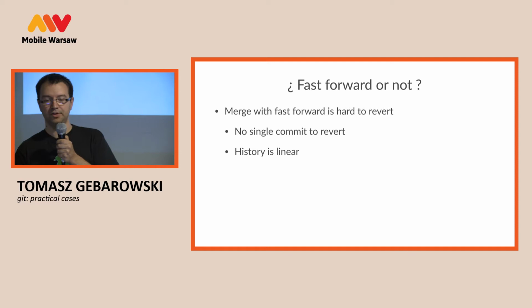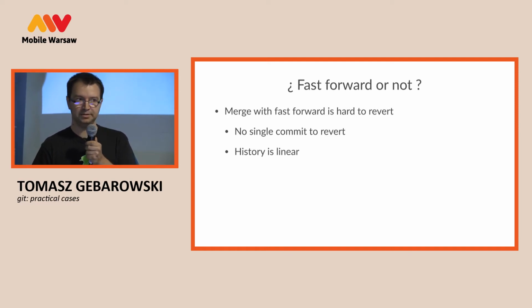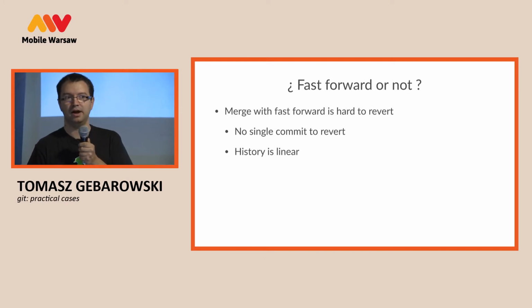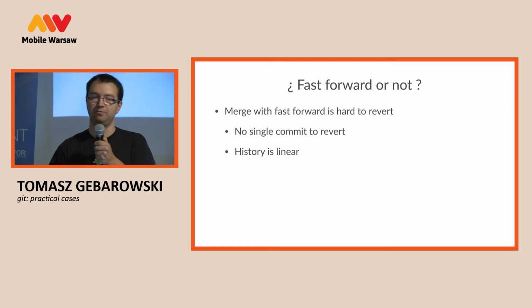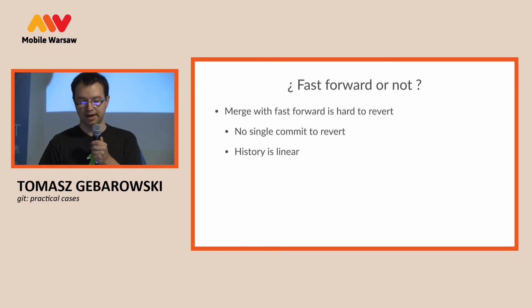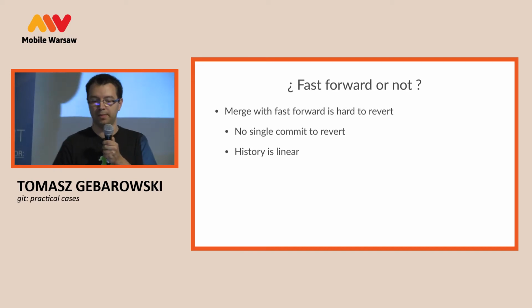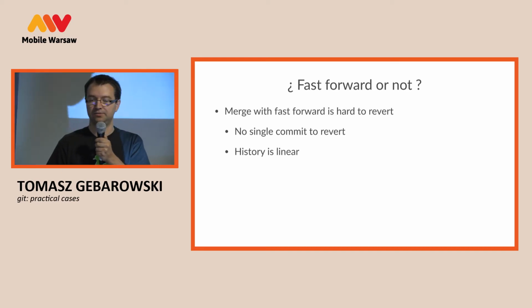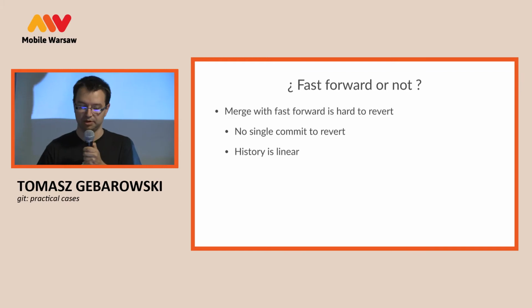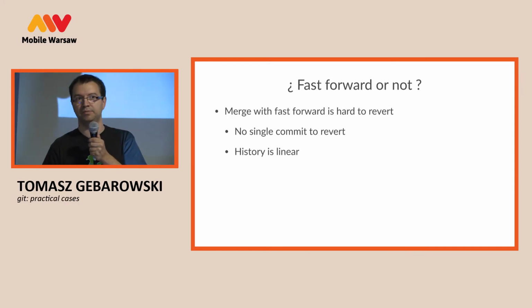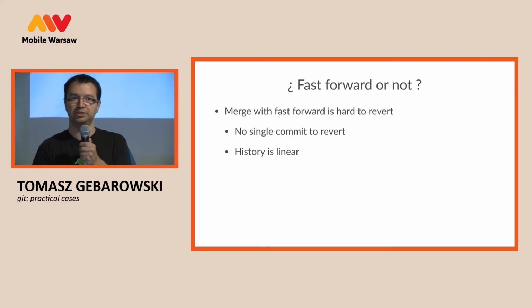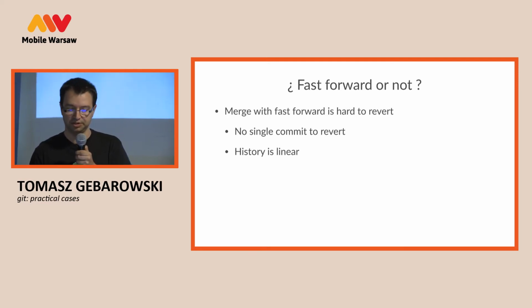So it's quite hard to, for example, get rid of a regression that was introduced. If we are not marking those commits somehow with some tokens, then we have to revert them one by one. So this is a disadvantage of fast forward. And of course the history is linear, so we are losing the information about the branch from which we started, for example.